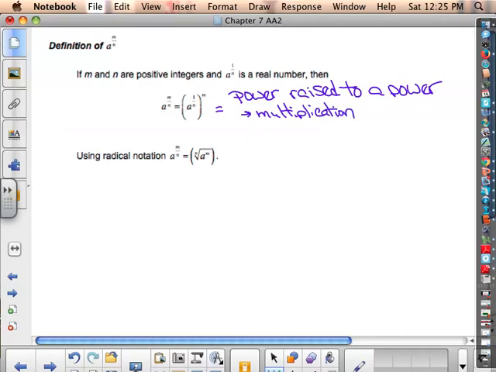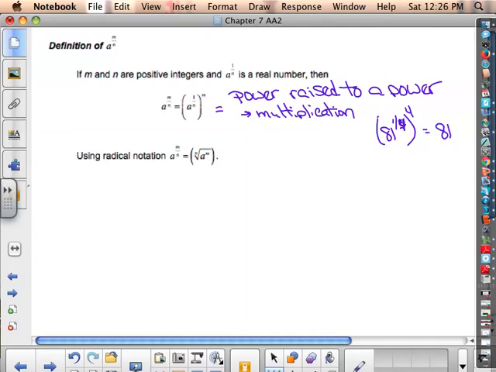For example, if I have 81 to the 1/4, 81 to the 1/4 to the 4th power becomes 81. Using radical notation, we can move between radical and rational exponential notation.